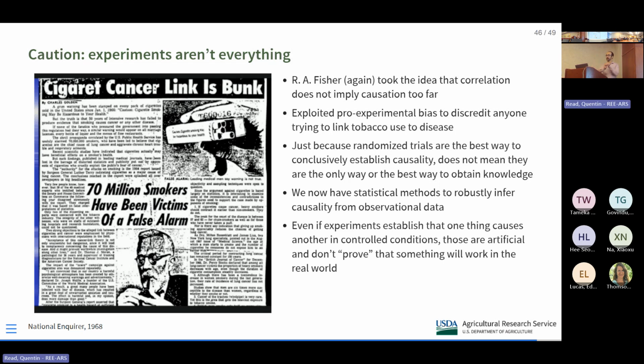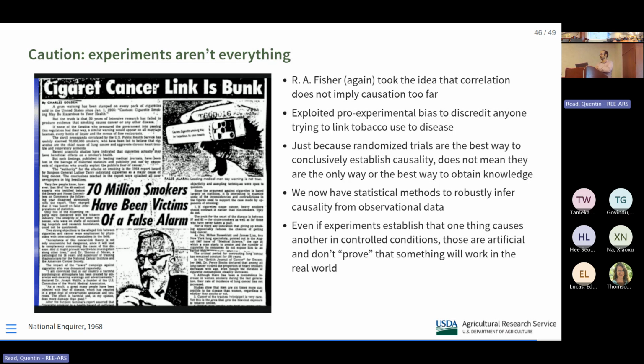Another thing I mentioned: yes, we can have a lot of evidence in the lab, in controlled conditions, that X causes Y, but a lab experiment is artificial, right? Even if your experiment is perfect and statistically 100% robust, that does not prove that something's going to work in the real world.